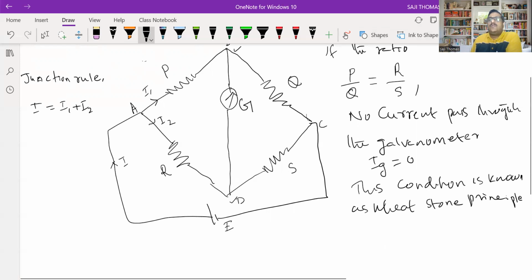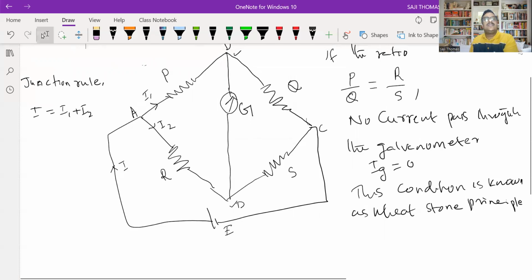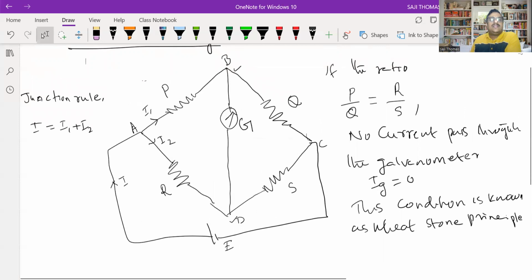Again, at the point D, the current I1 again divides. I1 is moving to the point D. Here I1 again splits into two parts. Ig moves through the galvanometer.